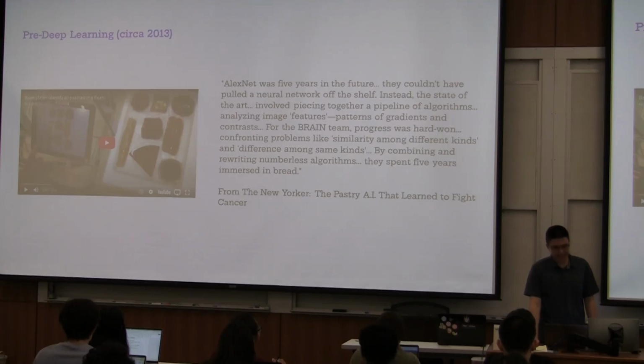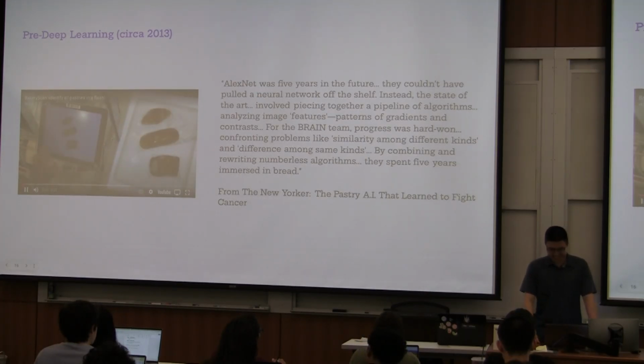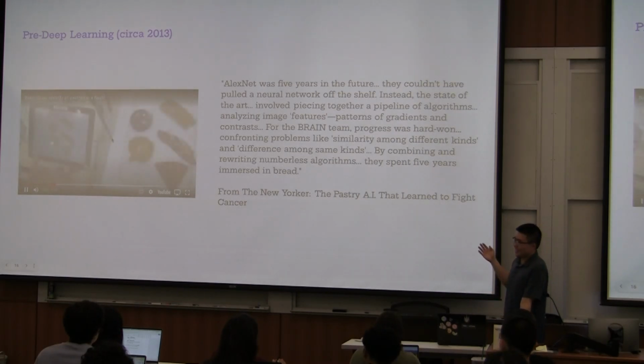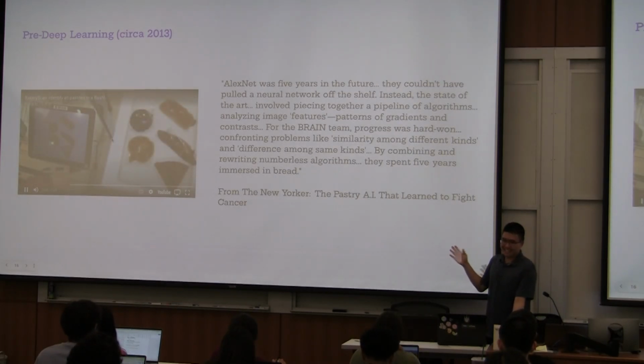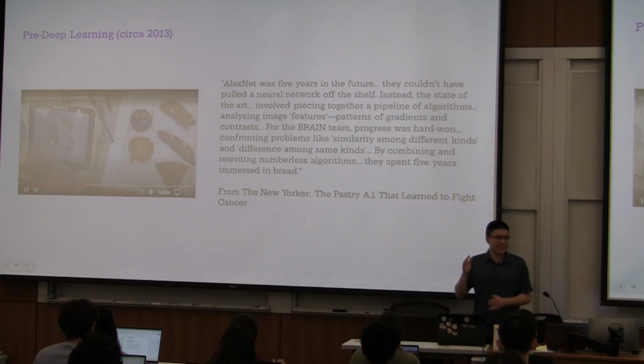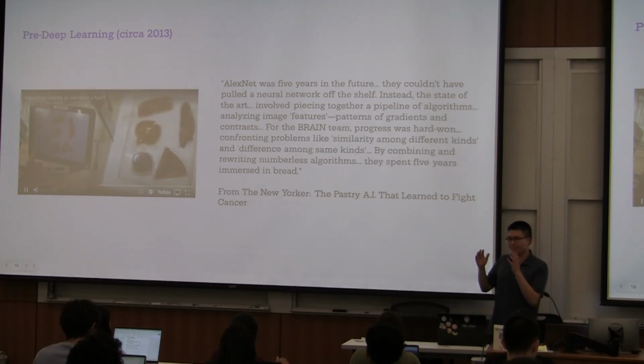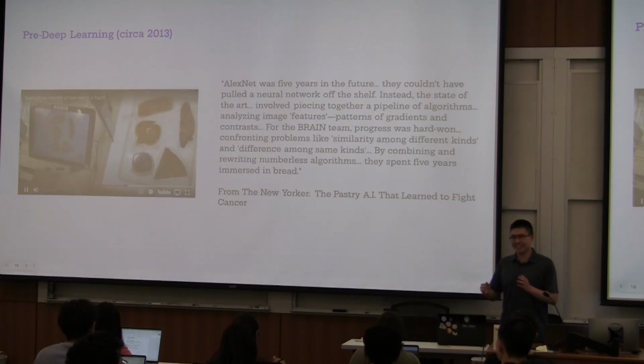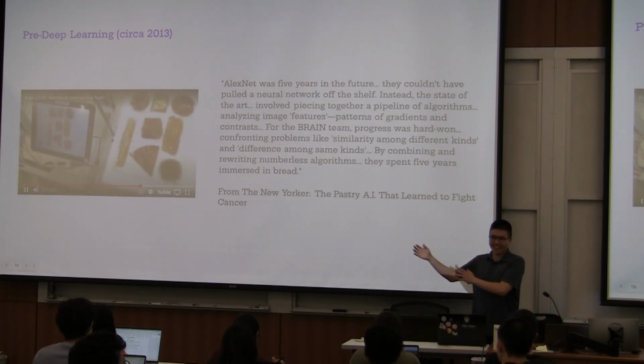So let's talk about what was there before deep learning. This was a pretty cool article about a Japanese AI company that was trying to classify different pastries, and they had so many steps. You had to have a pipeline of algorithms to get to the final classification.